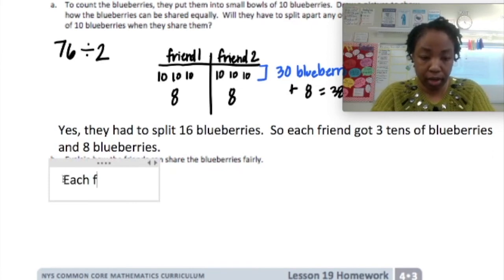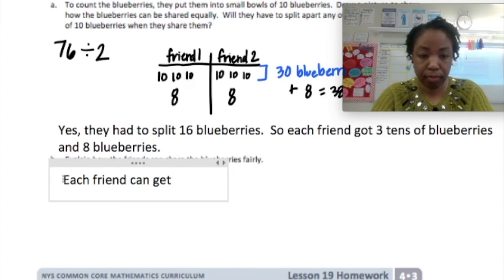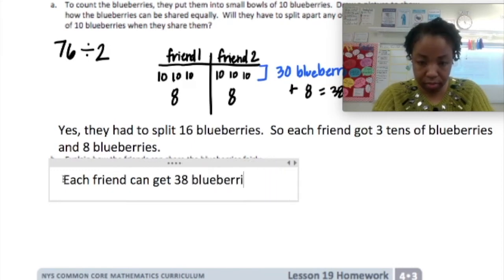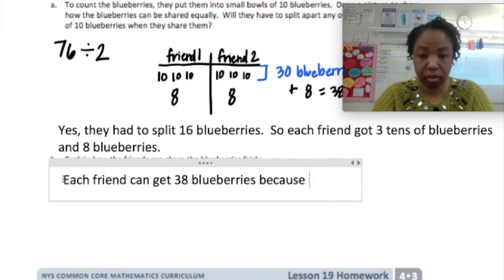Each friend can get 38 blueberries because 38 times 2 equals 76.